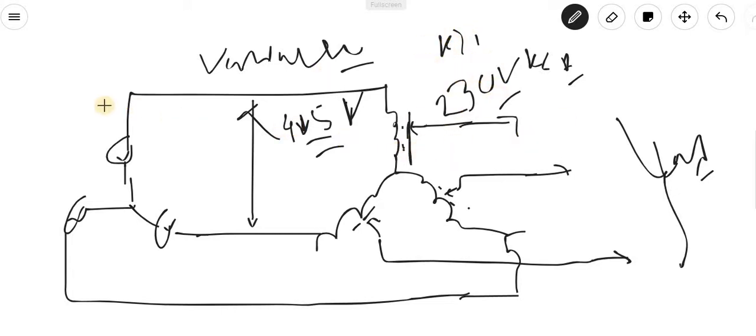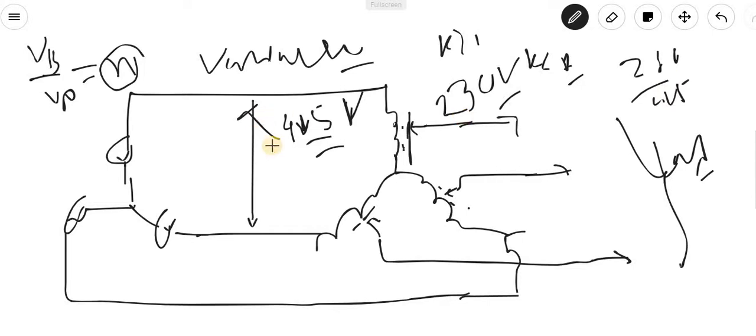Here one term will be the potential difference, the transformation ratio Vs by Vp. At a particular point, suppose K equals 230 over 450, if the supply voltage is 450.